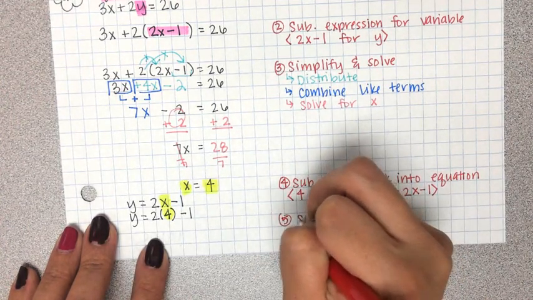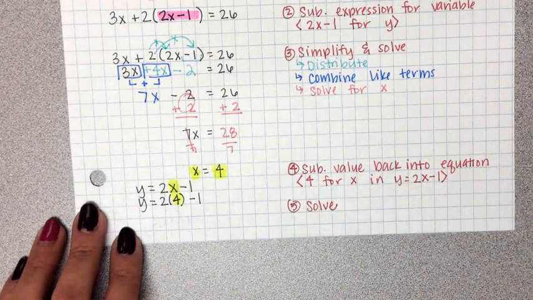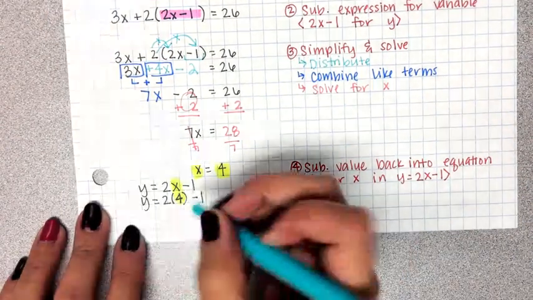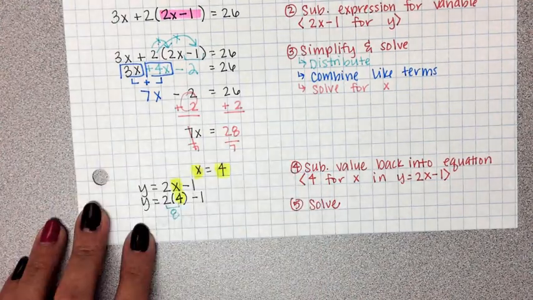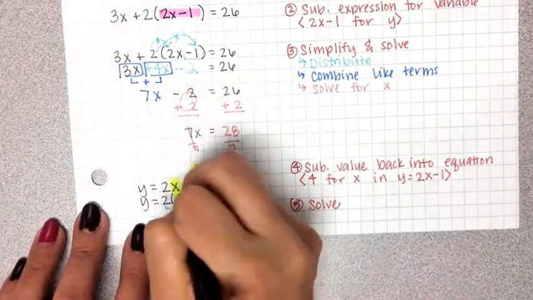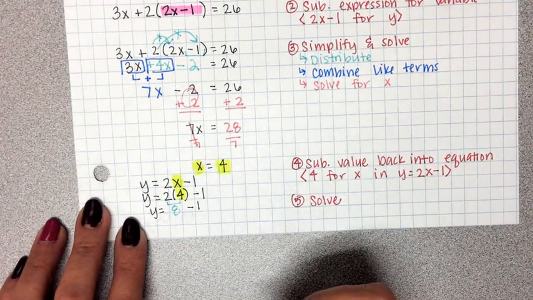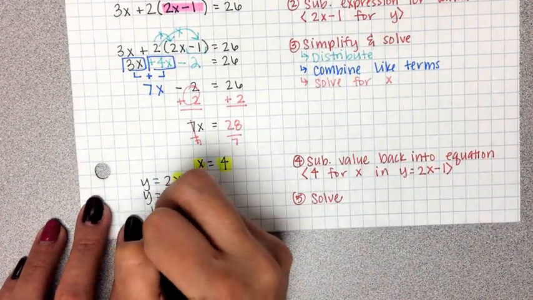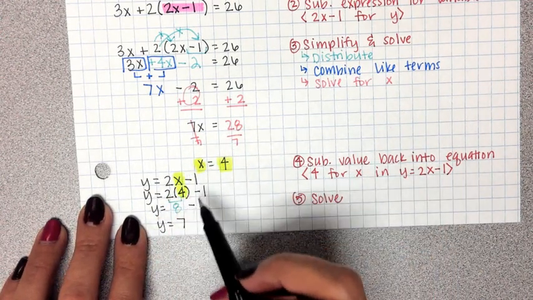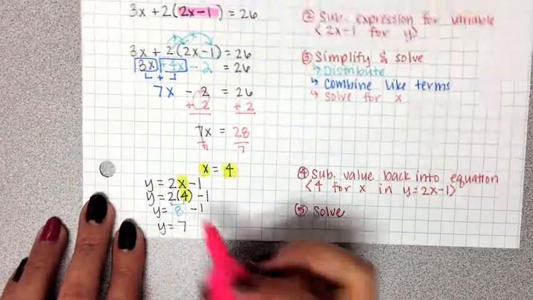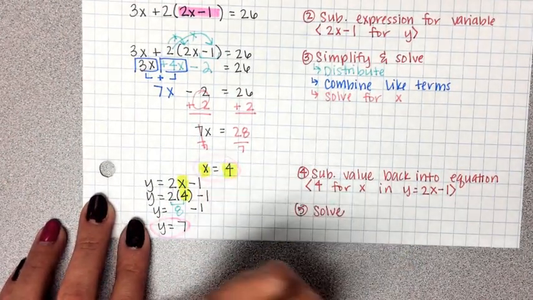Step 5 is to solve. So 2 times 4 is 8. Bring down the minus 1. I'm writing tiny because I don't want to run out of space. And then 8 minus 1, y equals 7. So now I have my y, and I have my x.